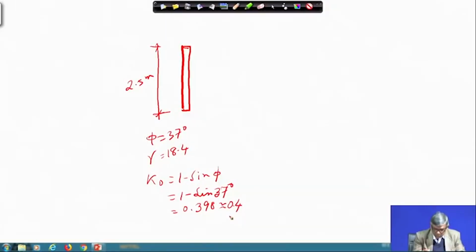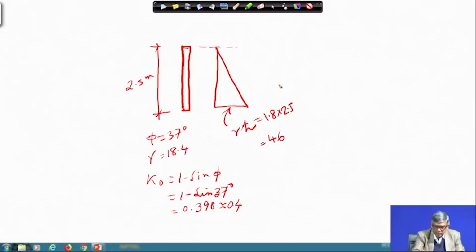Now, if I do the intensity of vertical stress over depth, this will be gamma times h, which equals 18.4 multiplied by 2.5, so that will be 46.